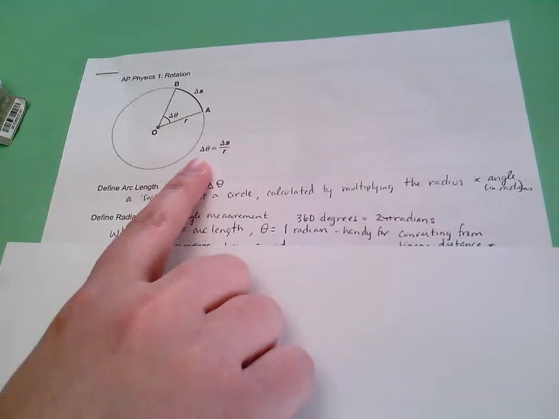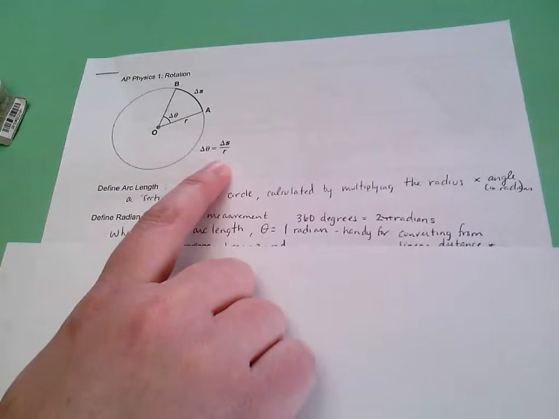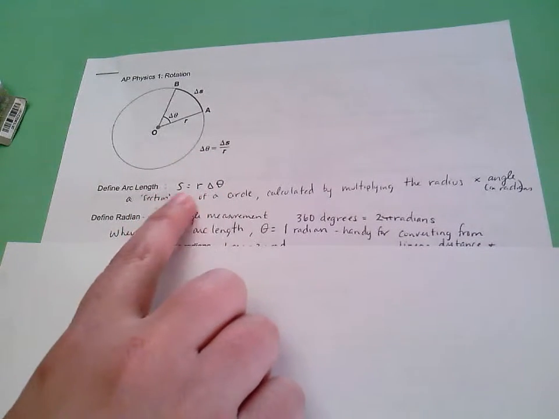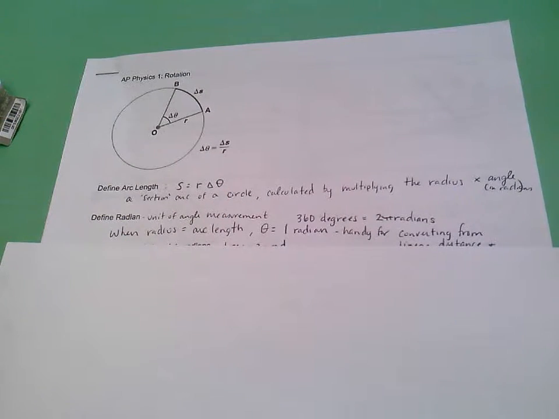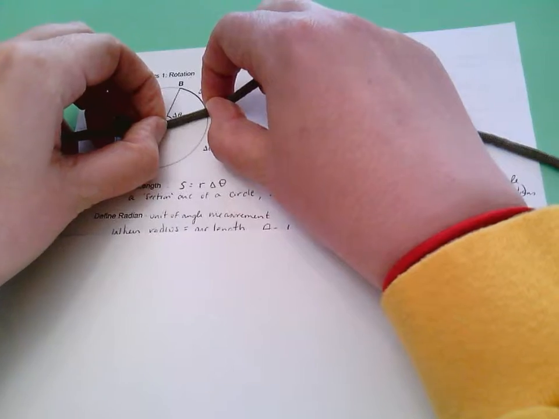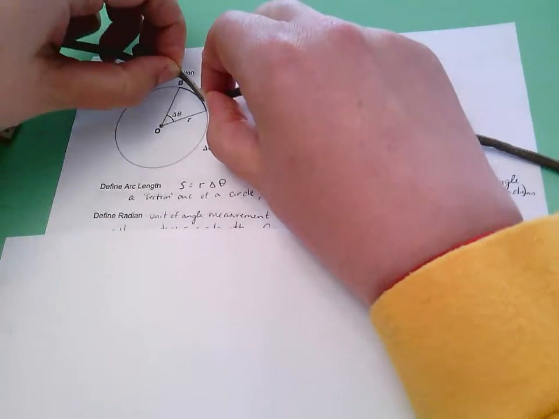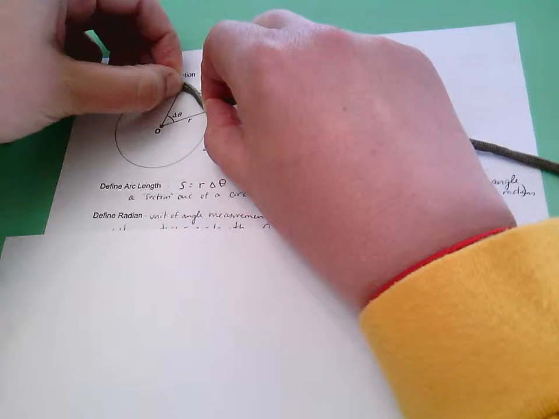Well, if we look at this equation here, if we say our amount of rotation is the arc length over the radius, and we've just taken this equation and solved for delta theta. If we take a string and we measure out the radius, we say, oh, it's about that long. And then we put that length of the radius and we lay it along the length of the circle.